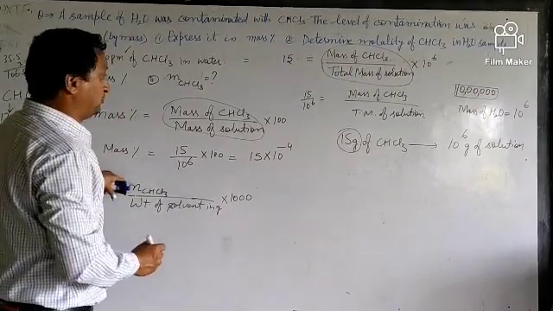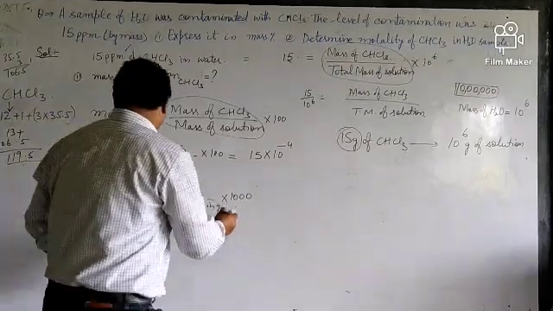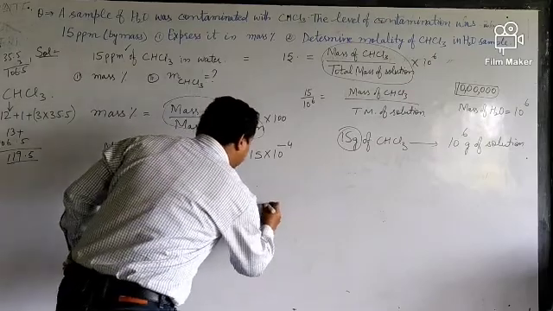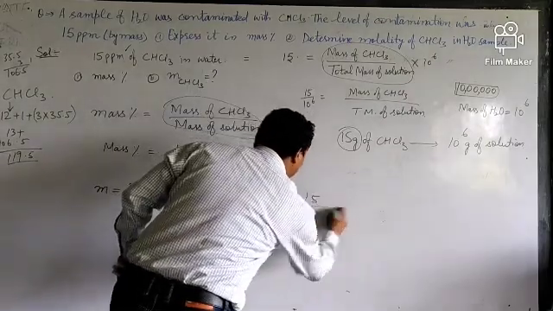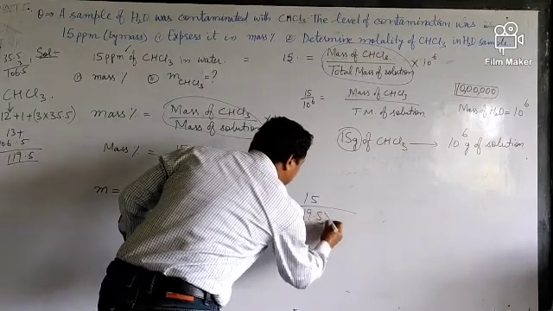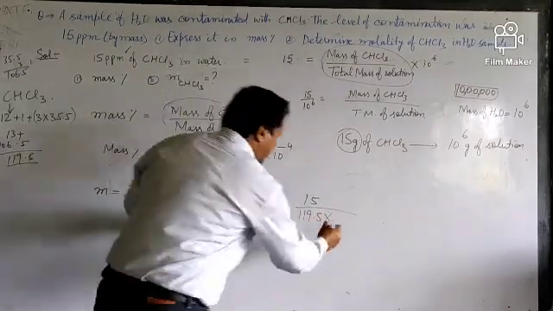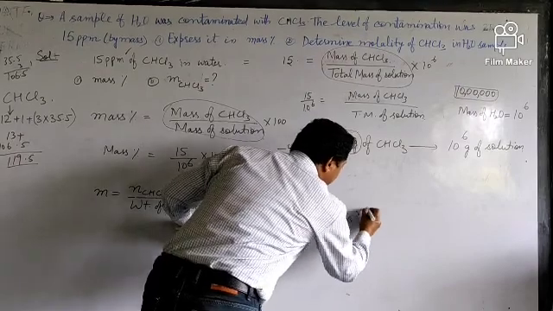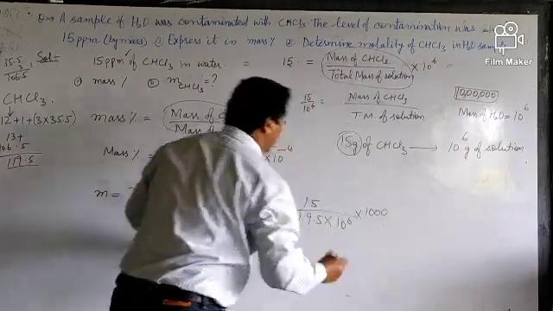And how much is given? 15 grams. So molality is equal to 15 by 119.5 into 10 raised to power 6 into 1000.